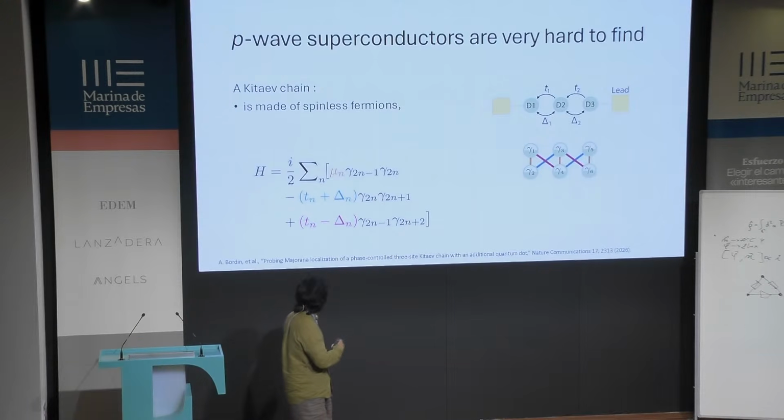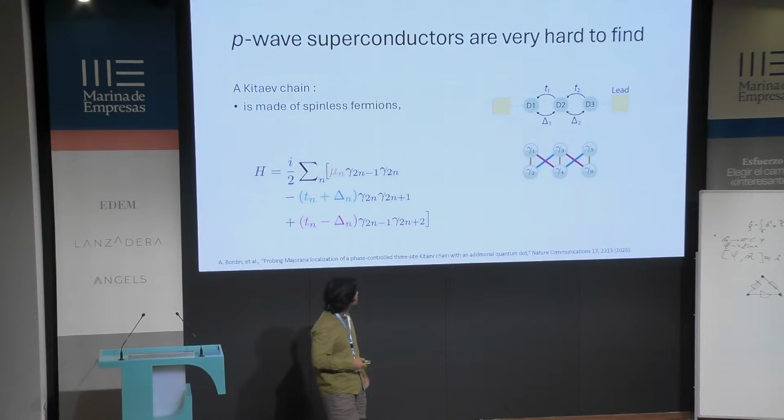But if we look at the Kitaev model for a moment, we imagine that we have a chain of 3 spinless fermions. If we decompose this chain into the Majorana basis, we are basically duplicating each fermion into 2 Majoranas. And rewriting the Hamiltonian in this basis, we obtain something with 3 terms. You can forget about the equation for now and just see a dot plot on the right side with 3 colors.